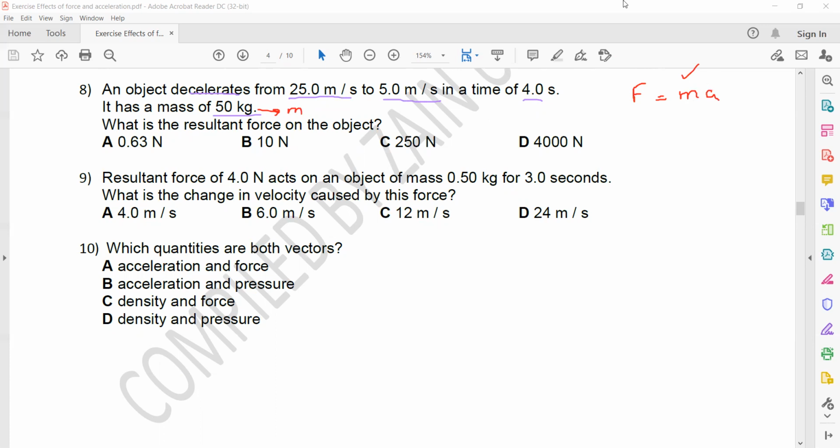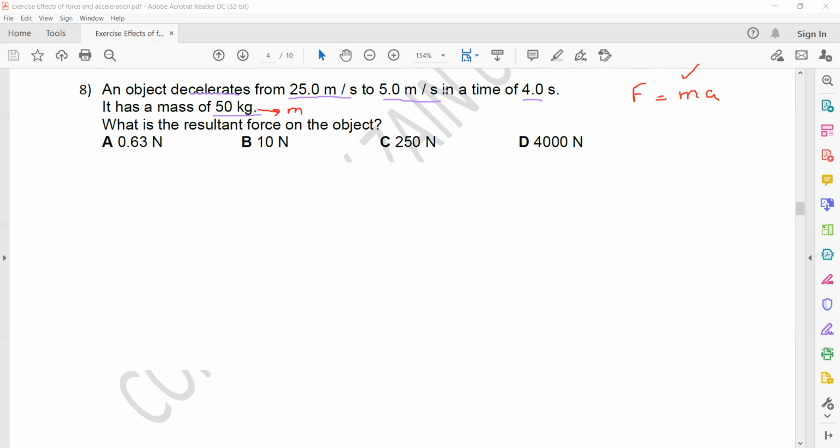So first we will find the acceleration. If you remember the formula for acceleration, acceleration is change in velocity divided by time. So a equals (v minus u) divided by t.